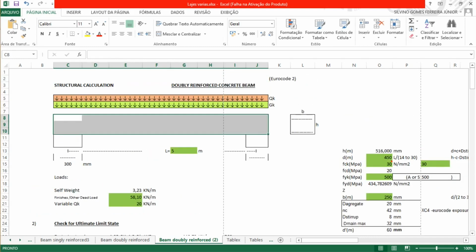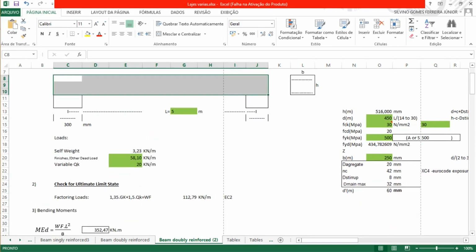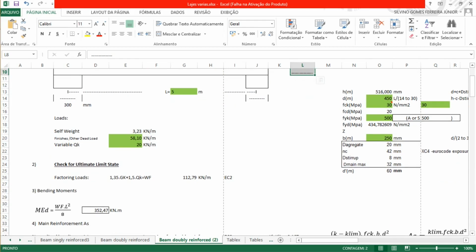So we have everything that we need, the loads and the dimension of the cross section for the beam. Let's start calculating at the ultimate limit state. Factoring these loads will be 1.35 multiplied by the permanent load plus 1.5 multiplied by the variable load, and this is basically the UDL, the factored load.